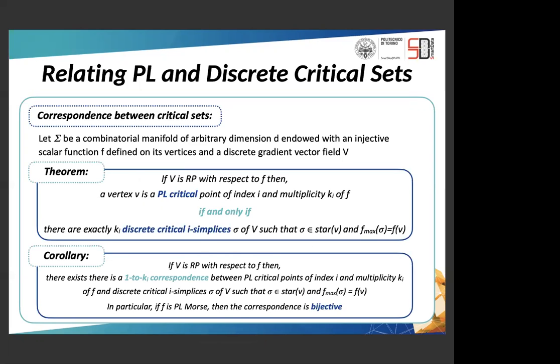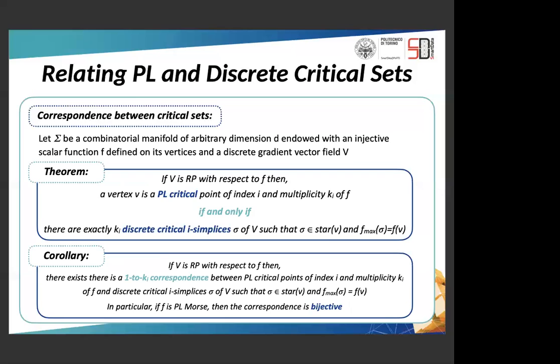We have that vertex v is a PL critical point of index i and multiplicity Ki if and only if there are exactly Ki discrete critical i-simplexes for which the vertex v is one of their vertices and they have the same function value.